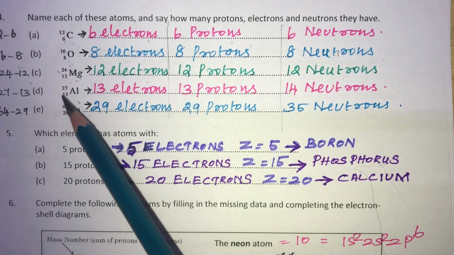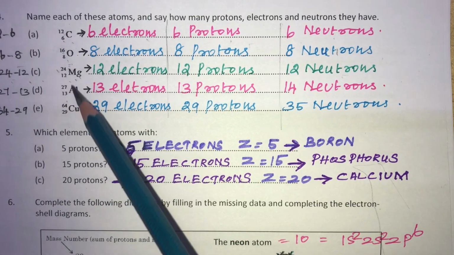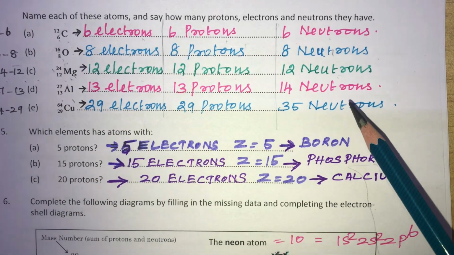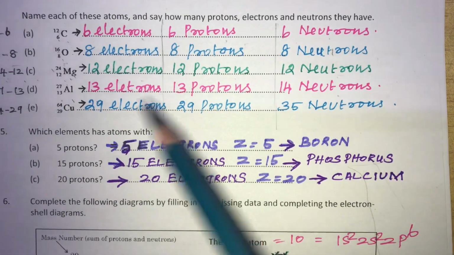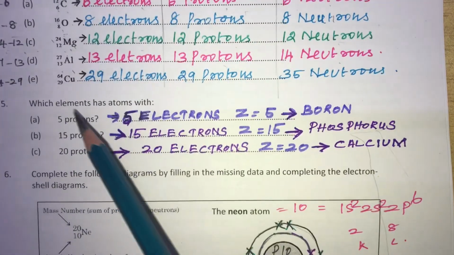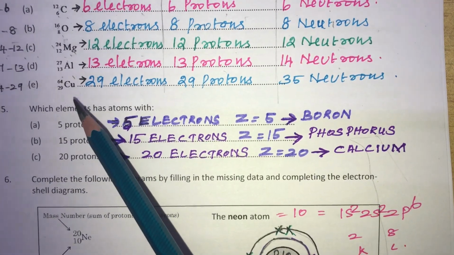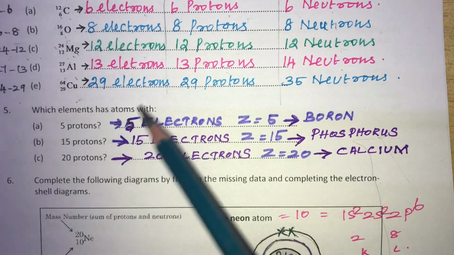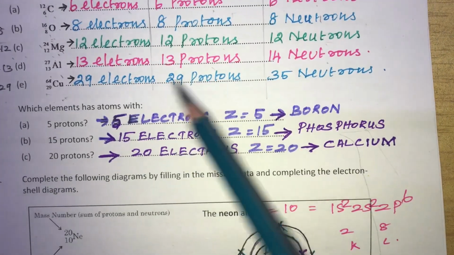Aluminum is atomic number 13, mass number 27. 27 minus 13, that is 14 neutrons. 13 is the atomic number, so 13 electrons and 13 protons. Here copper, atomic number 29 and mass number 64. So 29 protons and 29 electrons.